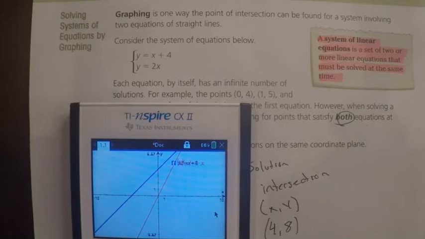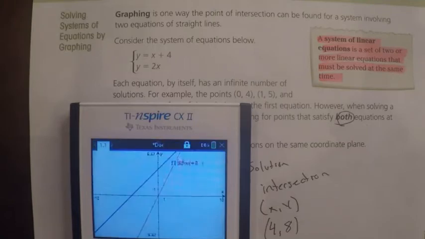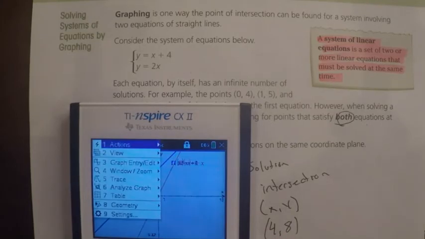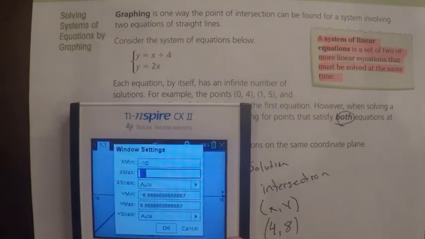Notice how we don't see the intersection here. So what we want to do is change the window. So menu, 4, window settings. Let's start off with x min -10, x max +10, and let's make our y min -10 and our y max +10.